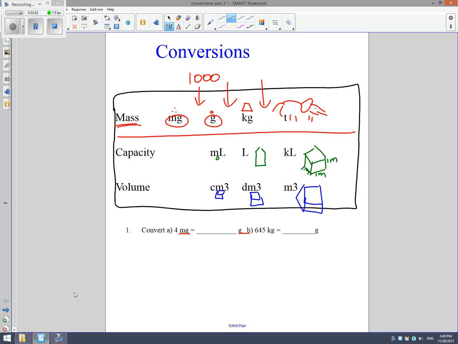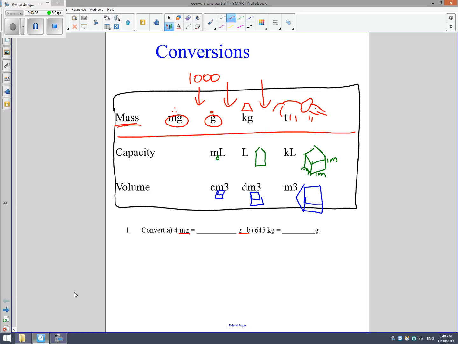And if you have just a few milligrams, if you have 4 milligrams, 4 tiny grains of sand, and we have to use the number 1,000 to multiply or divide, having 4 small little milligrams of sand turn into 4,000 grams, things that are bigger, does not make sense.